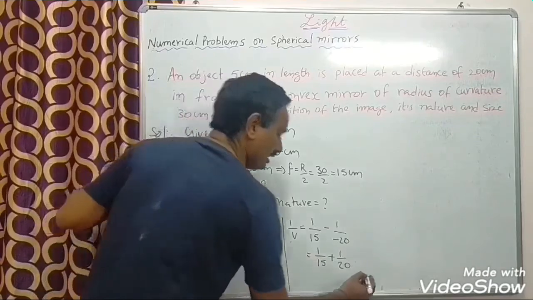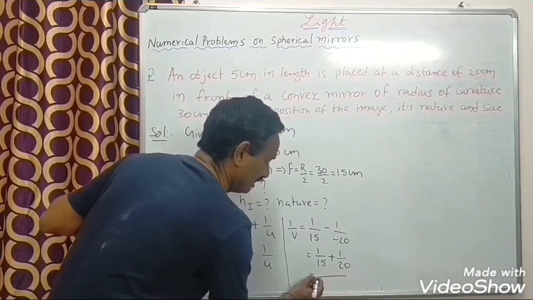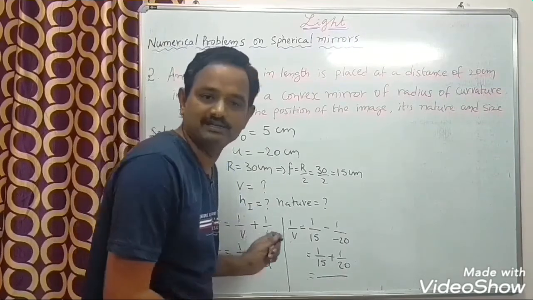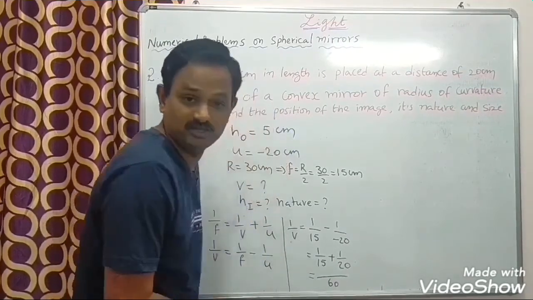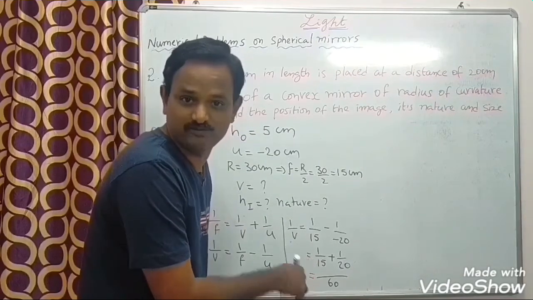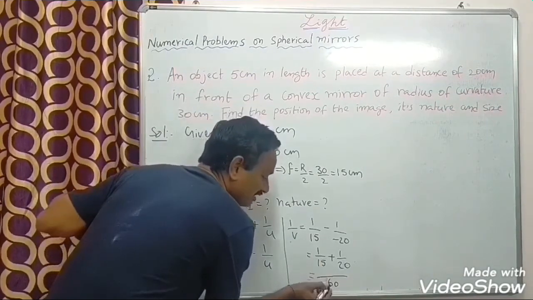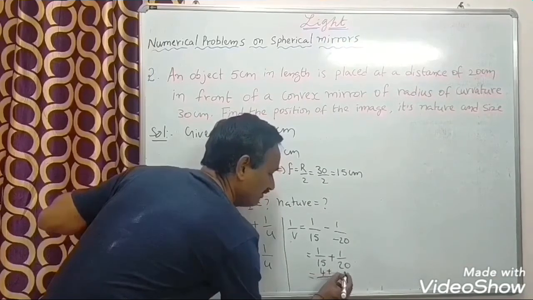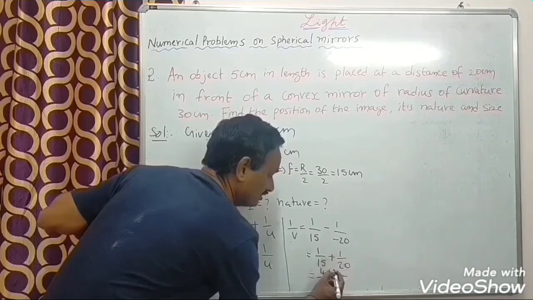Here I need to do the LCM of 15 and 20. If you do the LCM for 15 and 20, you will get 60. If you have doubt you can check. 15 divides 60 four times, 20 divides 60 three times.